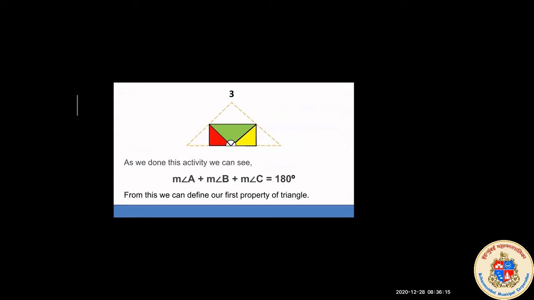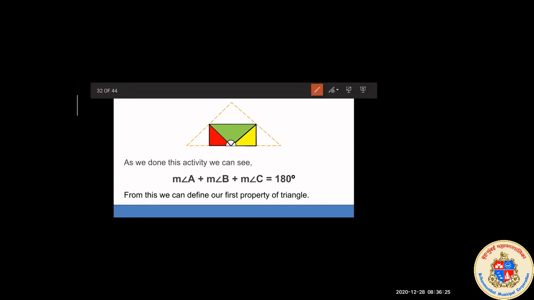And why is it giving me 180 degrees? Because it is going in a straight line. It has given me a straight angle. This is angle A, this is angle B, and this is angle C. So I can say it is 180 degrees.